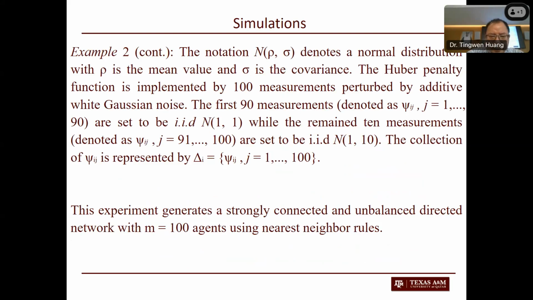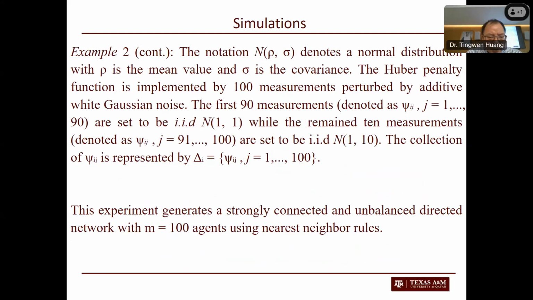While the remaining 10 measurements, denoted by phi ij when j is 91 to 100, are said to be 10 independent and identically distributed distributions.